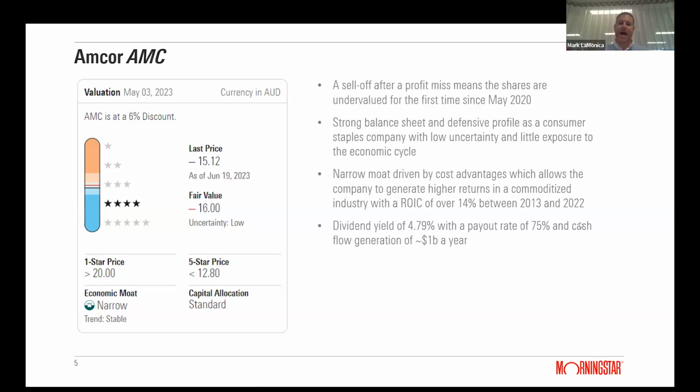Also, we want to look at cash generated by the company. Over $1 billion a year in free cash flow is generated by the company. What free cash flow means is that after we've gone out there and paid all of our operating expenses and paid all our capital expenditures... An operating expense is, what does it cost on a day-to-day basis to run this company? What are the salaries I have to pay?